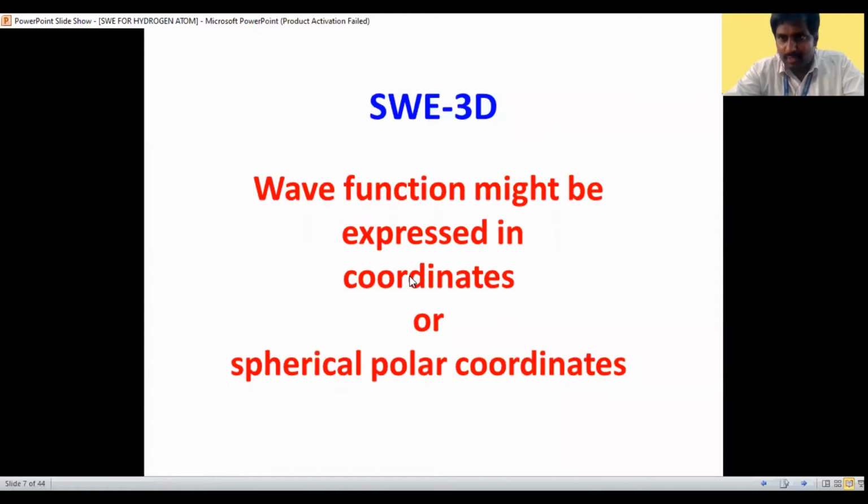We have a limitation in normal coordinates, that is XYZ coordinates. It will be difficult to express the three-dimensional Schrodinger wave equation in normal coordinates. So we need spherical polar coordinates.